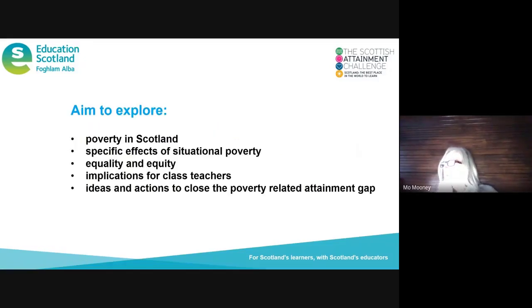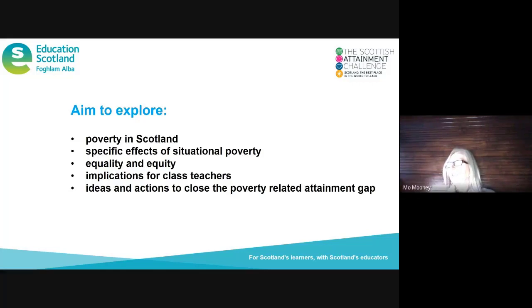I'm going to aim to explore poverty in Scotland, the specific effects, as you can see there, equity, and that's what we'd already put in. To support those things that we're going to be looking at, you can do your own reading. The Scottish Indices of Multiple Deprivation 2020 statistics have now been released.